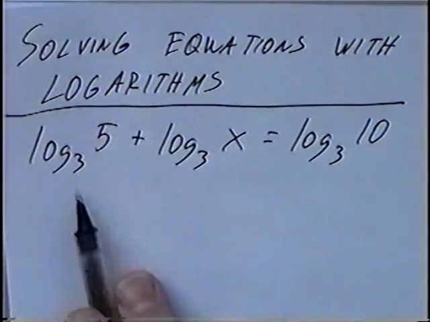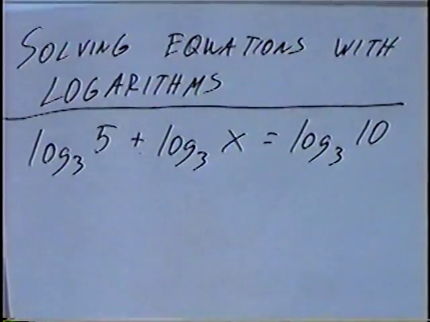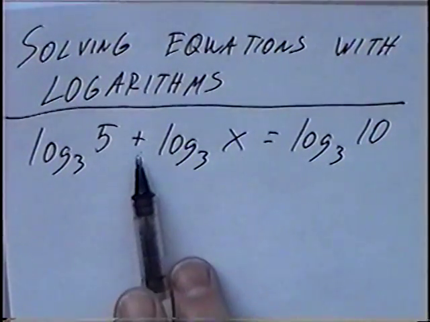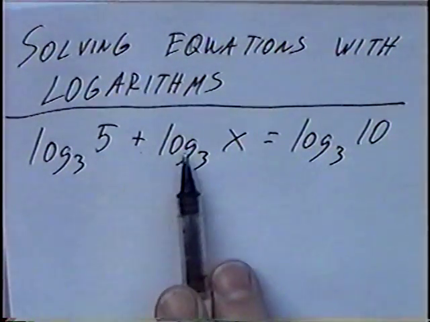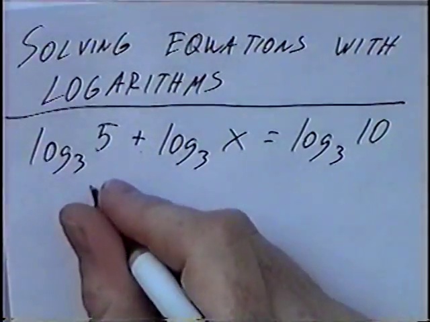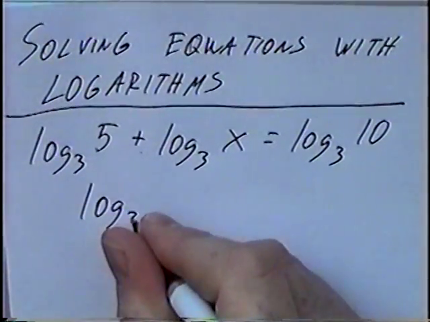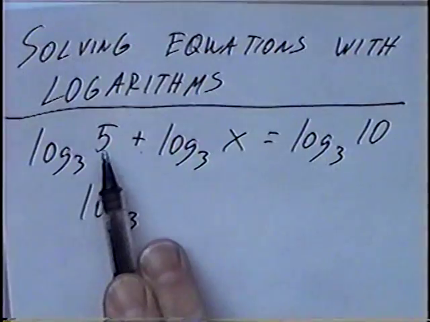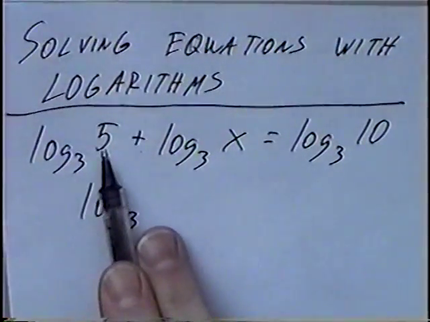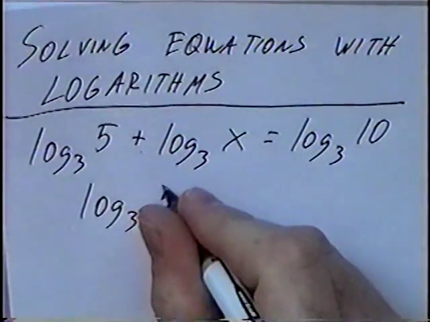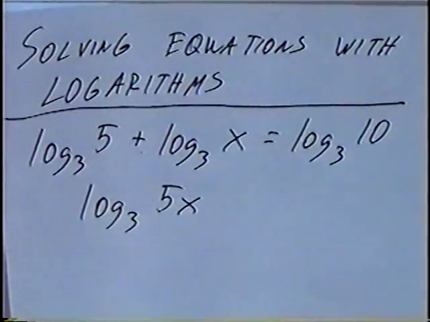If we have log 5 base 3 plus log x base 3, using the addition property, instead of adding 2 logs, we can combine these together to make 1 log, which will have the same base 3. But instead of 5 plus x, we'll change the addition to multiplication, so it'll be 5 times x, or 5x.